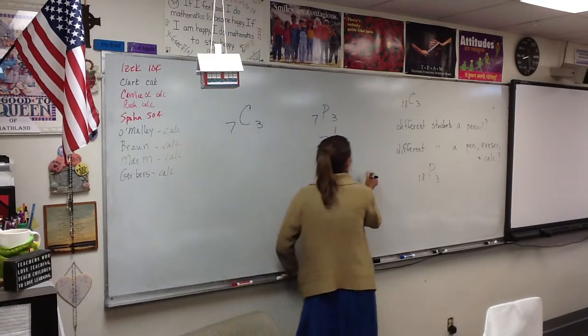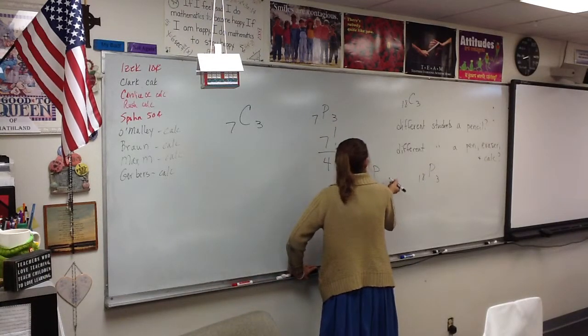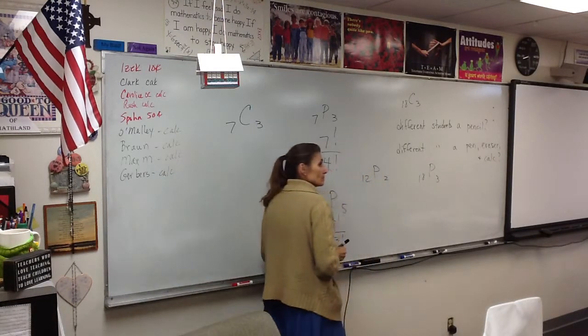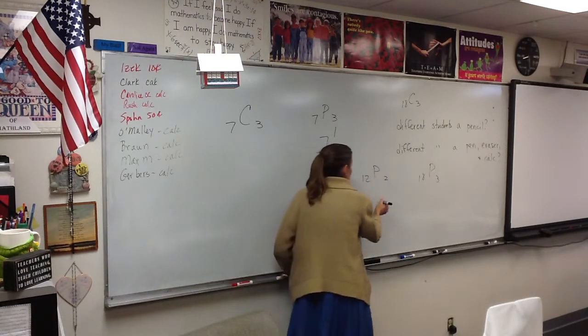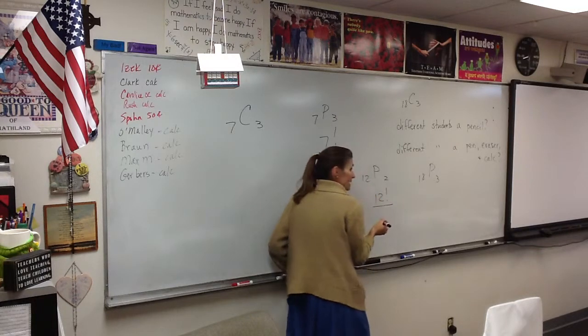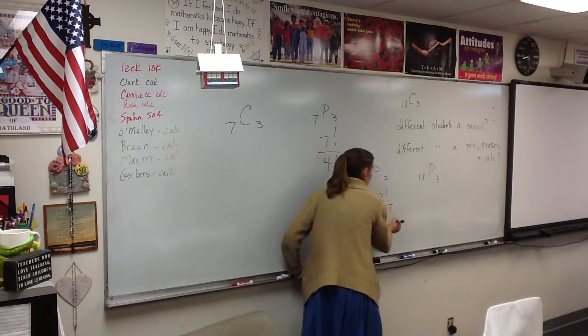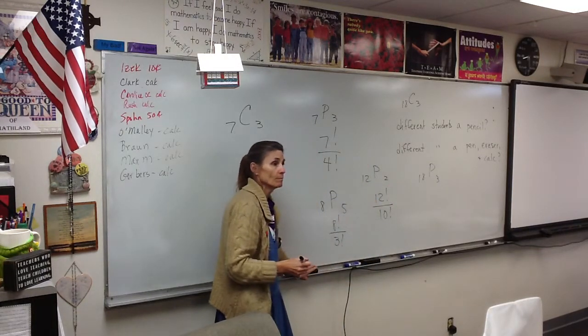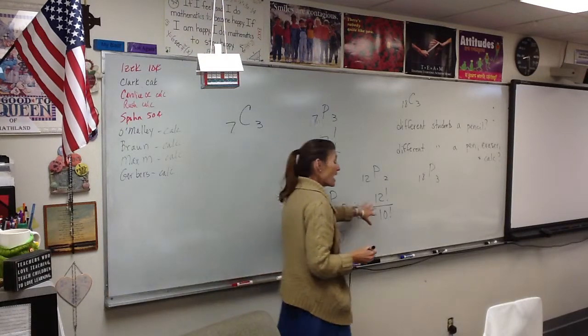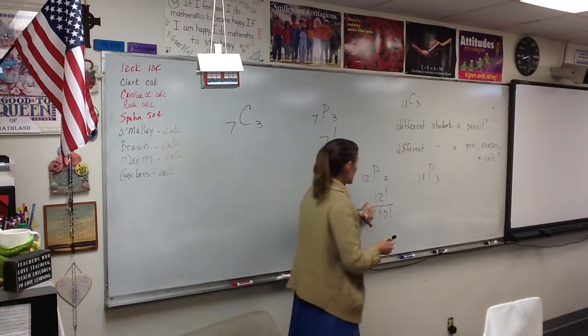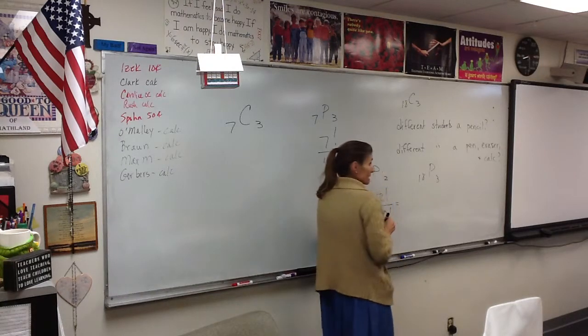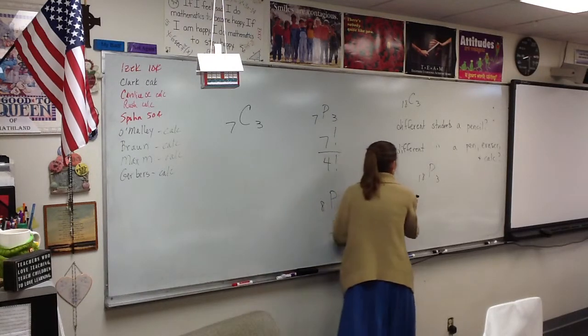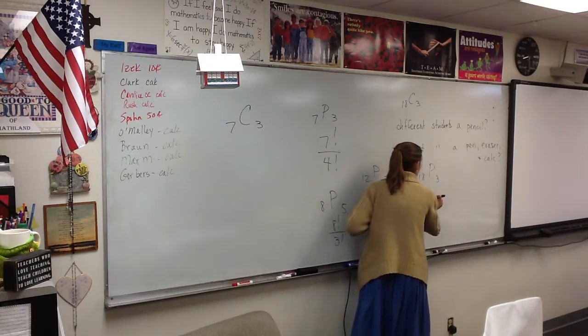One more, if we had 12P2, that would be 12 factorial divided by 10 factorial. Now, keep in mind, if you actually had to work this out, what does 12 factorial mean? 12 times 11 times 10, 9, dot, dot, dot.